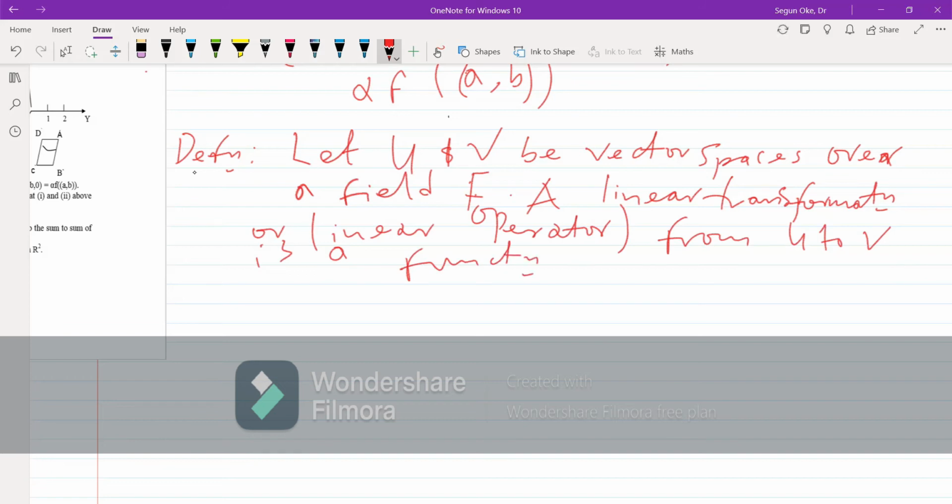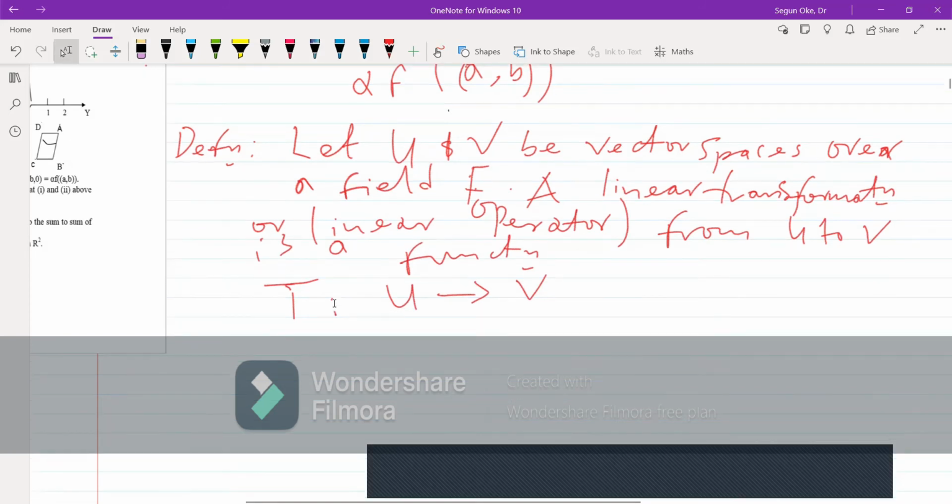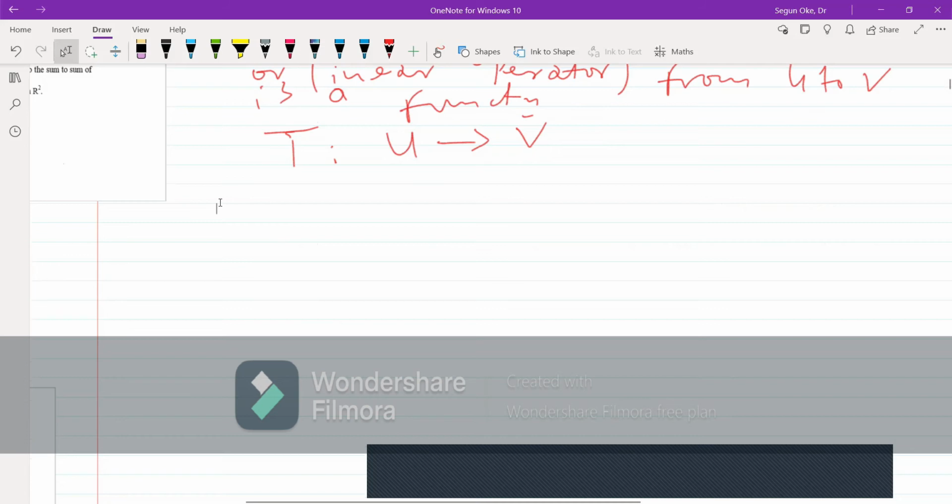That is, we're talking about T such that U maps to V. So in this case now, we can establish those properties. Let's call this one linear transformation one.